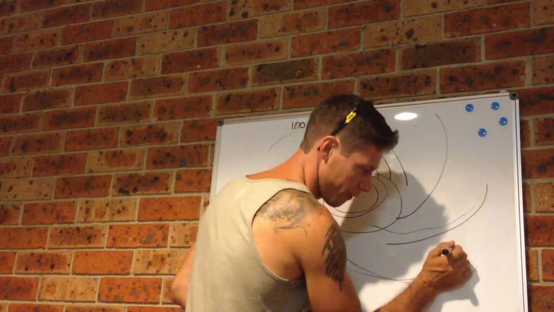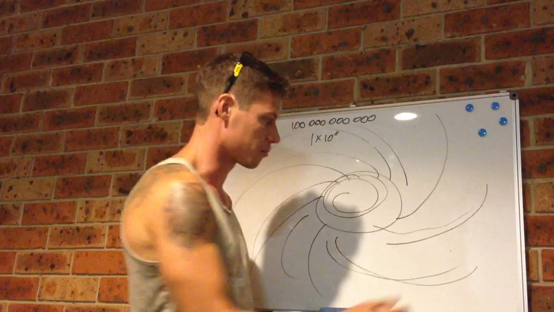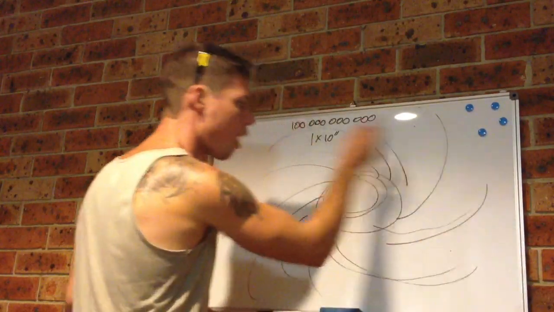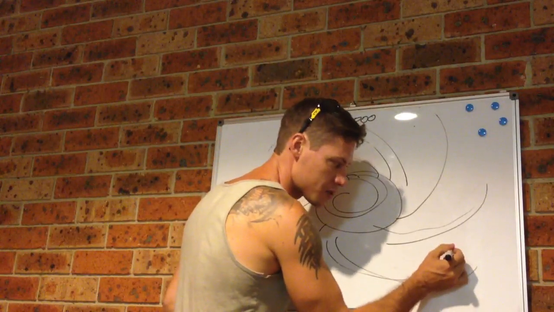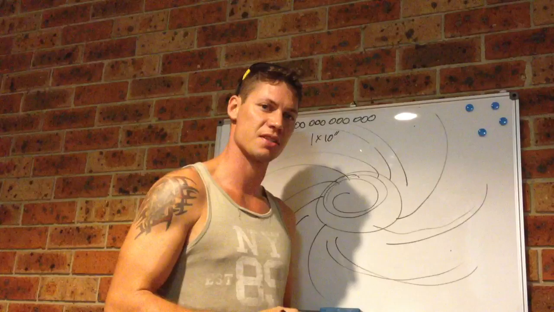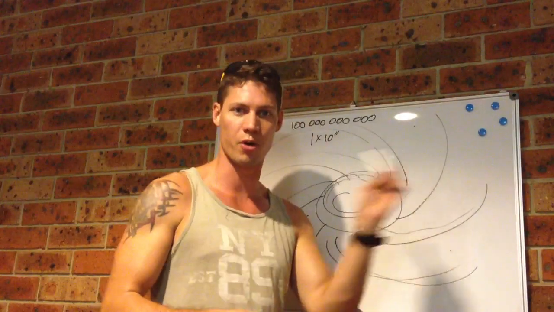Let's draw a dot, and let's say within that dot is our solar system. So it's about 1/5 of the way in from the edge of the Milky Way galaxy. And if this whiteboard represents the whole of the Milky Way galaxy, this dot, let's say, represents 1/10,000th of the whole of the Milky Way galaxy.